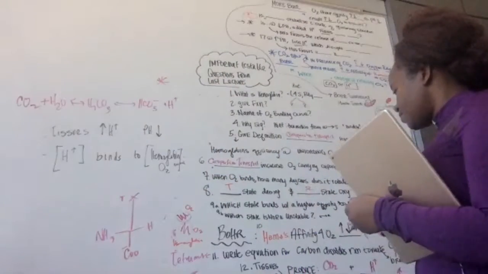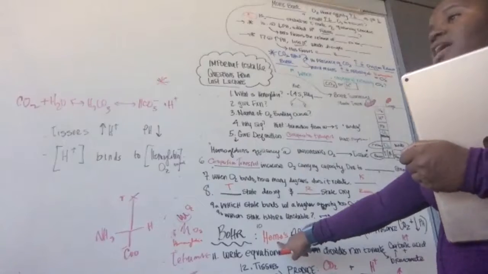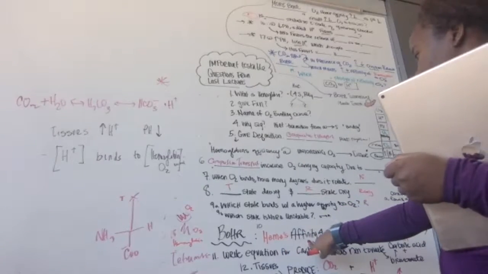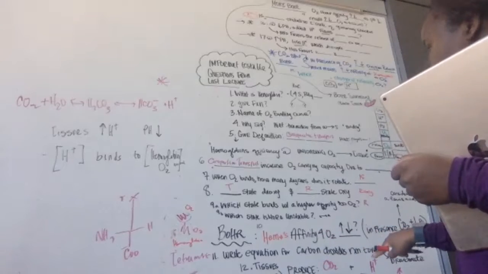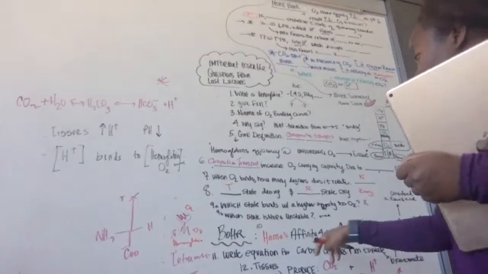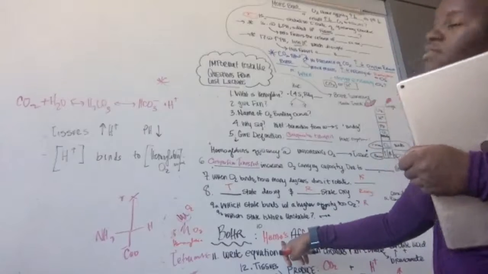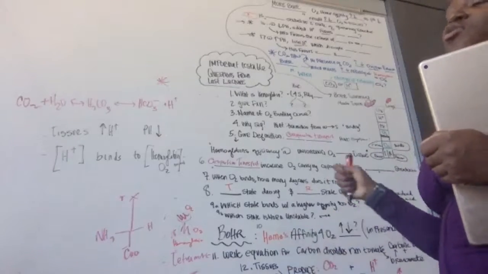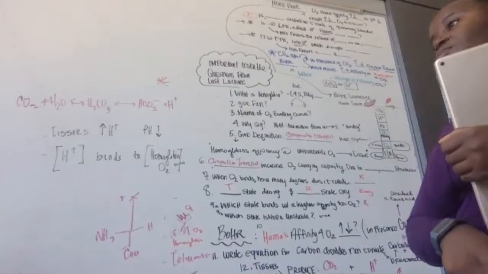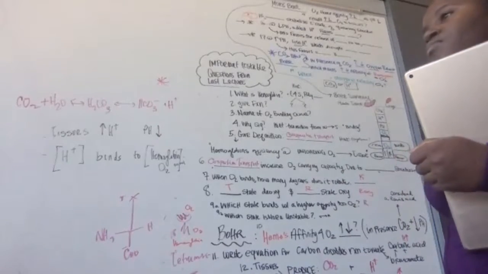Hemoglobin's affinity for oxygen, so it wants to bind more O2. It wants to release it. What's the function of hemoglobin? To transport oxygen, right? So it wants to carry it somewhere else.